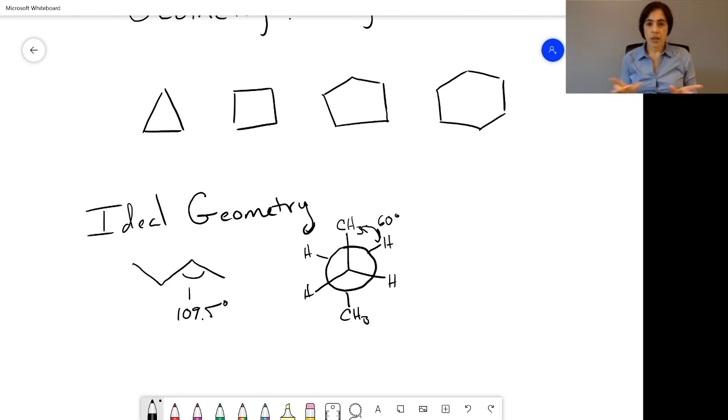So 60-degree dihedrals, 109.5-degree angles for bonds. So with that in mind, those are our ideals.